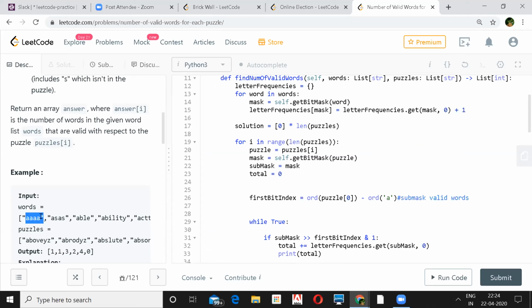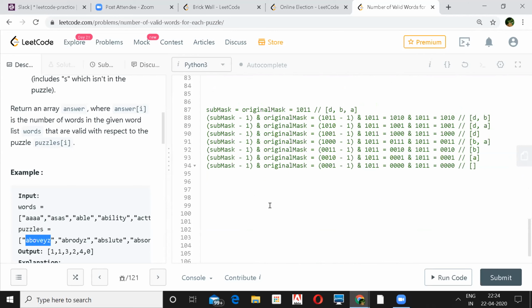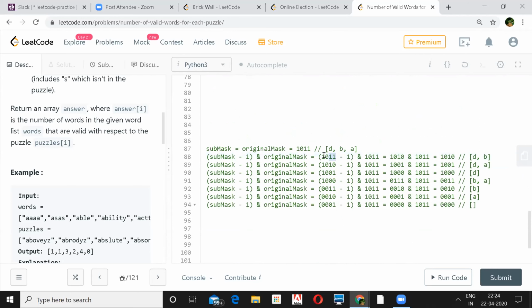Let's say if these two words belong to this, then whatever mask is for this word, the same will be the mask for those words. The way to do it is to take the original mask, subtract 1 from it, and then do an AND operation with this.